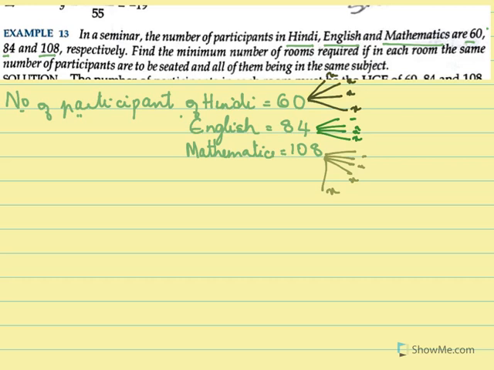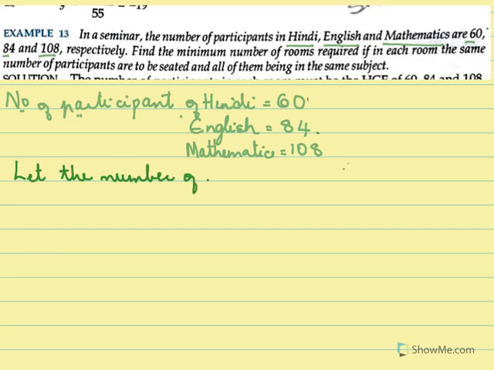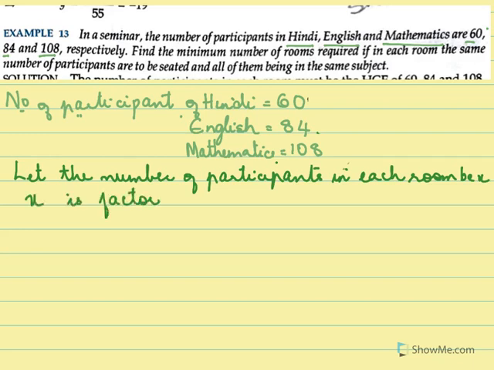So in the first case, X has to be a factor of 60. Here also X has to be a factor of 84. And here also X has to be a factor of 108. So we'll say let the number of participants in each room be X. So X is a factor of 60.